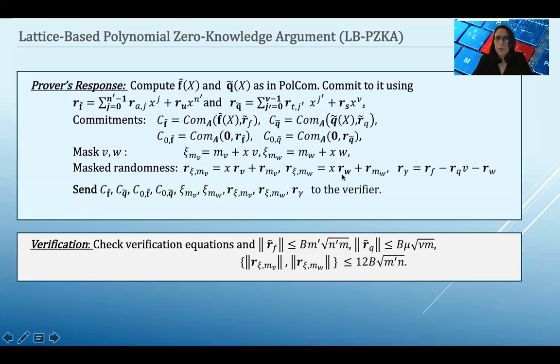And it also computes the corresponding randomnesses, and then sends all these computed values to the verifier. Then the verifier checks the verification equations, and it also checks that the Euclidean norms of the randomnesses are small, so upper bounded by a particular upper bound.